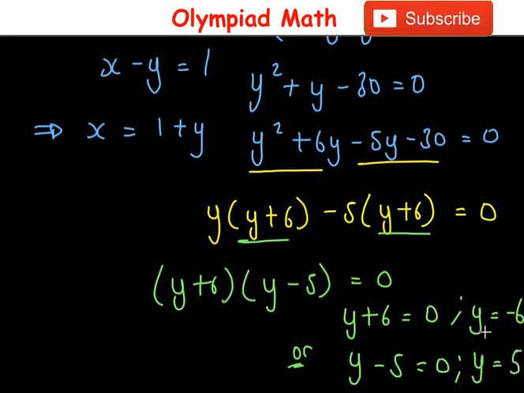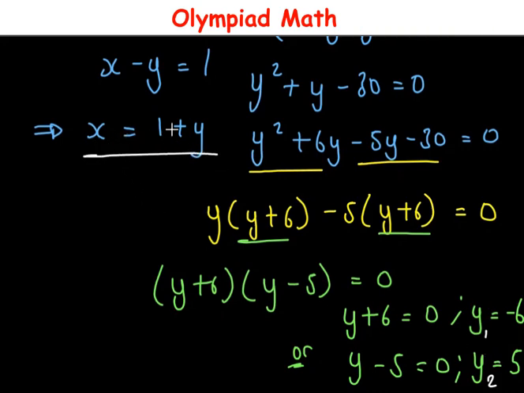With this, we have gotten the first and the second solution for the value of y. The next thing is to get the solution of x. Recall that x equals 1 plus y. This equation will give us the solution of x.